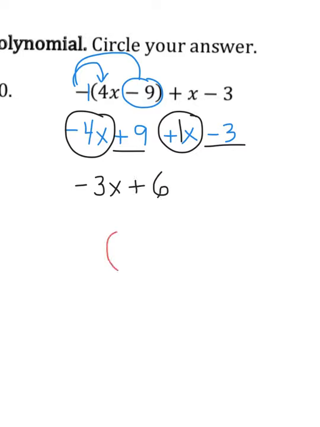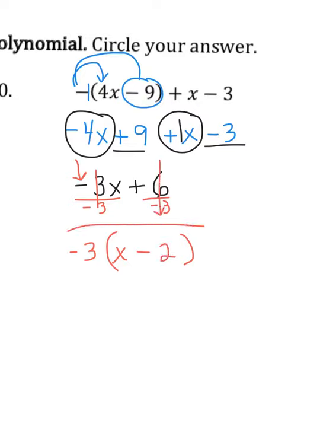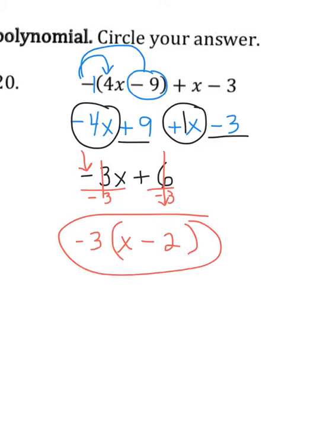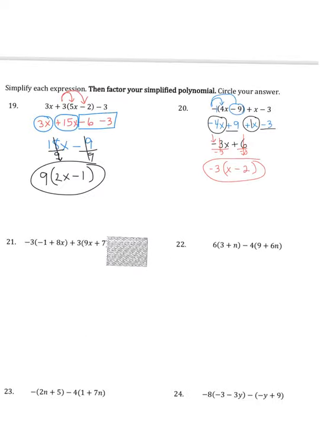And I could take out the 3, but I have to take out a negative 3 because the first or leading term is negative. Divide by negative 3, divide by negative 3. That's going to be a positive x minus 6 divided by negative 3 is a negative 2. Final factored expression.